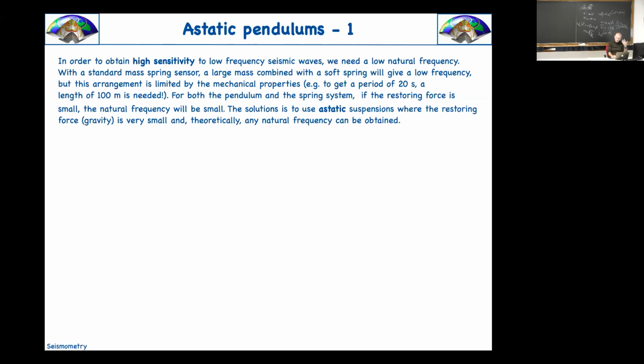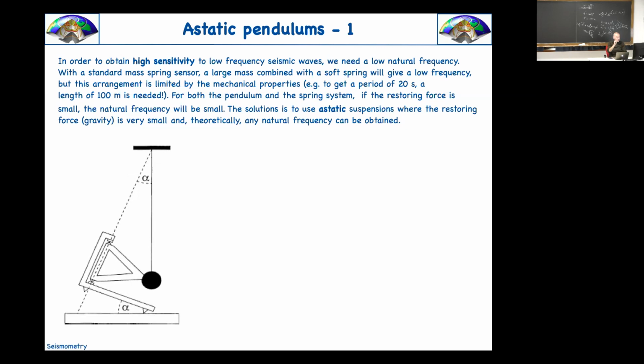What was the idea? It can be summarized with the word aesthetic, even if that's much deeper. But for us, the idea is, okay, let's find a trick so that we can get long periods with normal lengths.